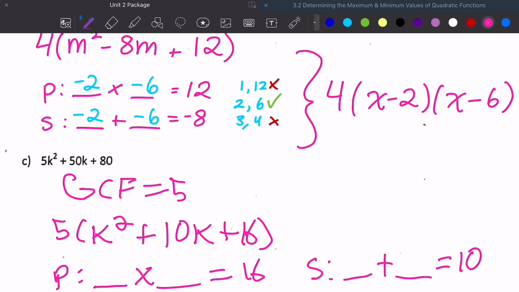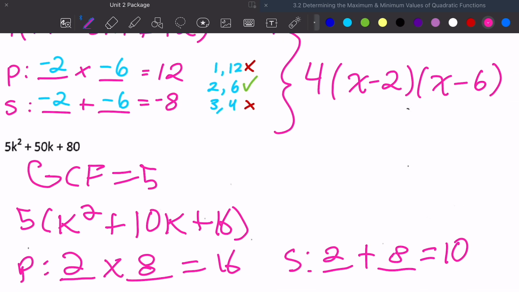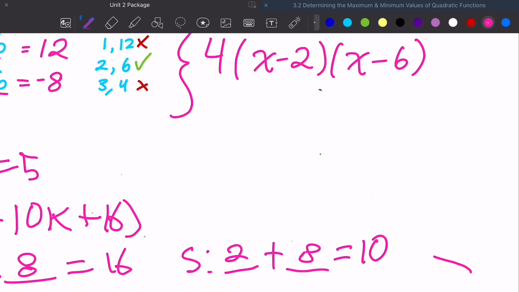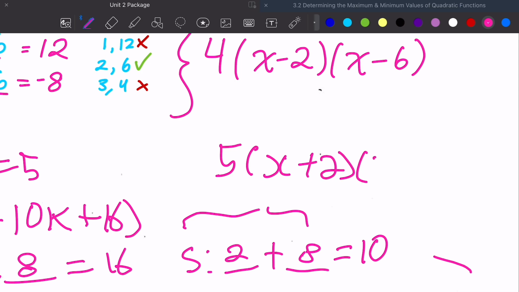And then do 2 and 8. Did I do it right, Grace? Thank you, Ashley. So perfect.